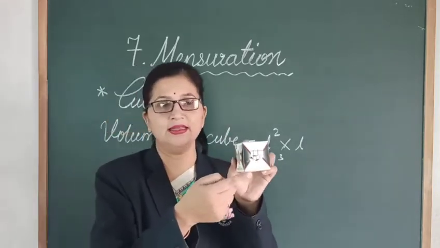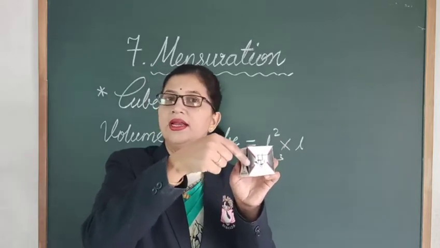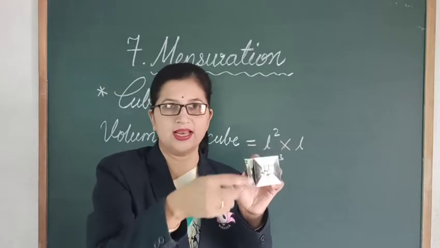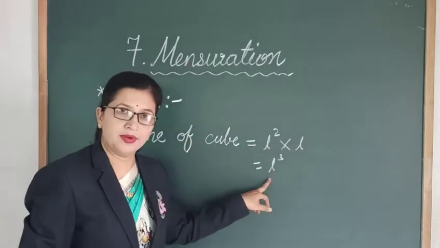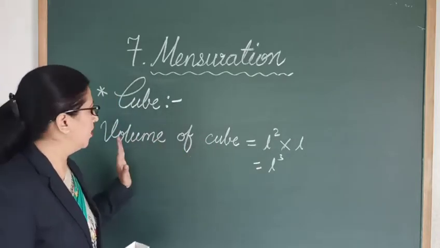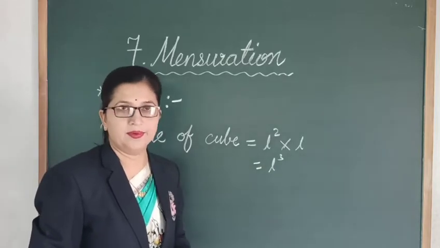Because its length, breadth and height, all these 3 are equal. That's why L into L into L, that is L cube. So dear students, this is the formula for the volume of a cube. Volume of a cube is equal to L cube.